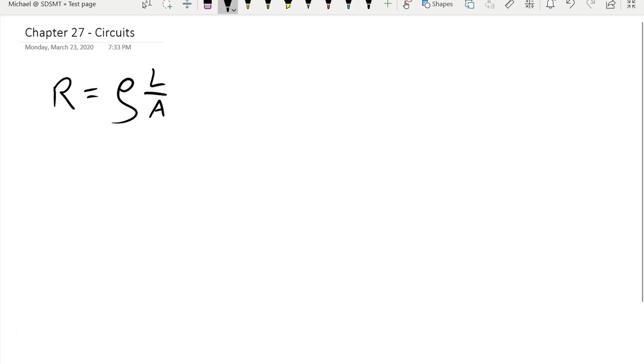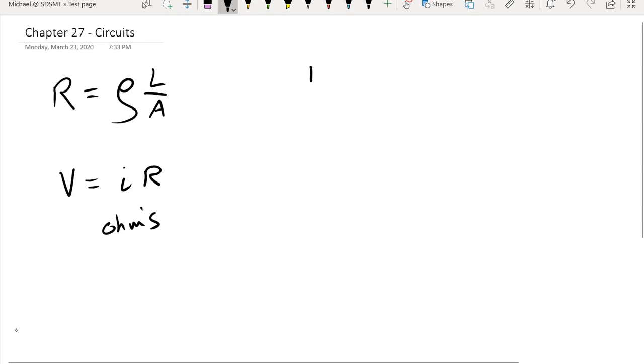Now we're going to take the knowledge that we have about resistors, current, and electric potential through Ohm's law, and start putting this material together into circuit diagrams.